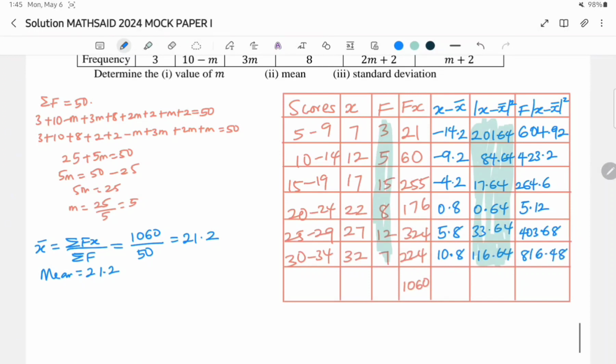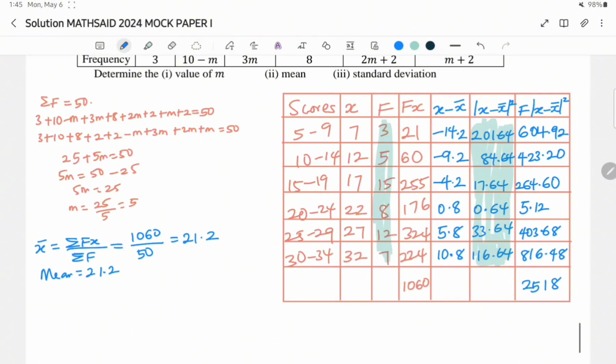I decided to leave everything at 2 decimal places, so let me just include a 0 here so that this is 2 decimal places as well. Now we need to add all of this together, this last column, and when we do that, we are going to get 2518. So that's the summation.